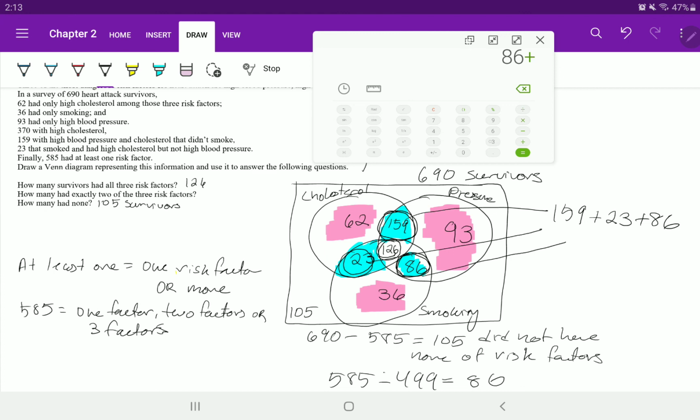Plus 23 plus 159, and that equals 268. And that is the answer to my question. And this is how I fill in my Venn diagram.